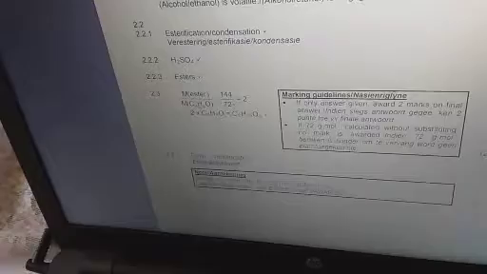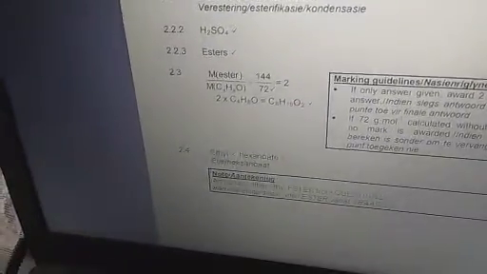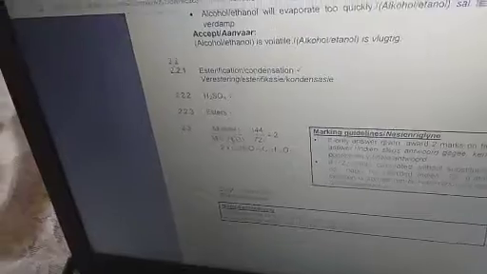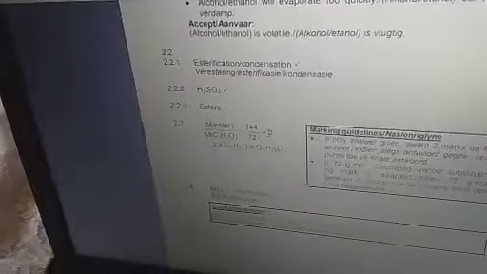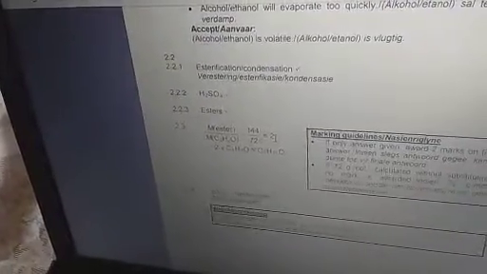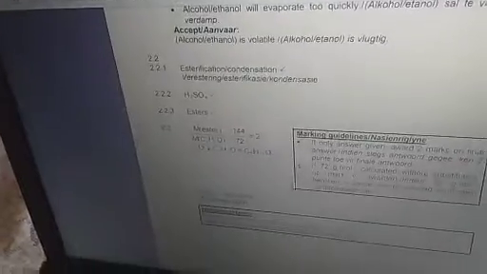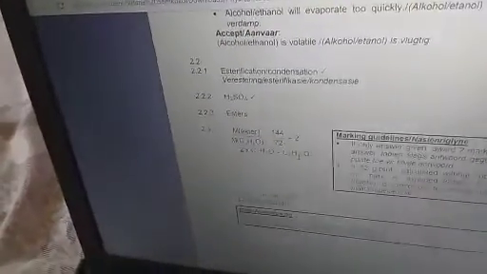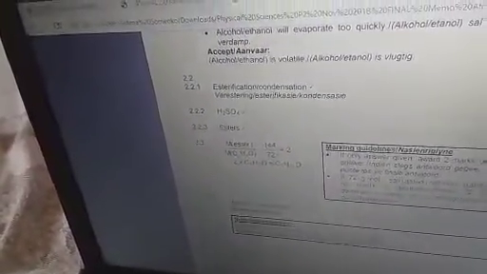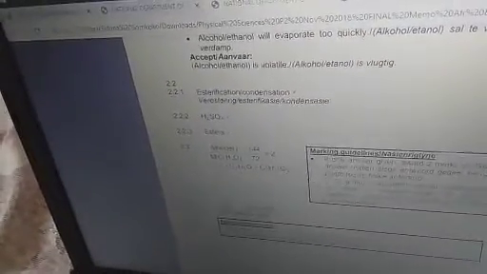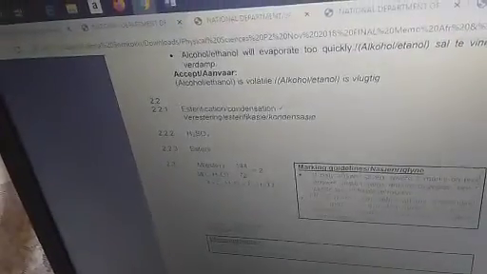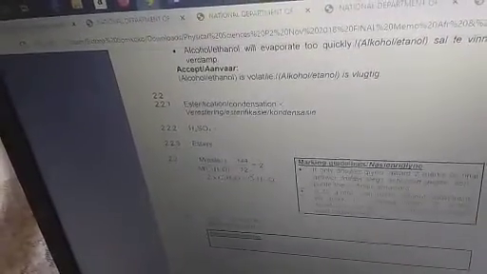Here they go from the molecular mass to the empirical molecular mass, and they divide the two, and they get the coefficient to be 2. Then they have to multiply the entire compound by 2, and that is your ester. If you have an ester, it's easy to determine your acid.